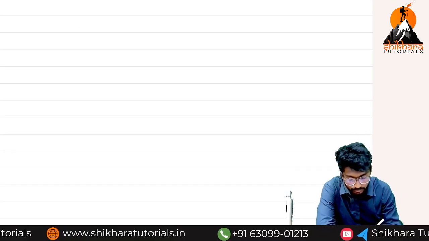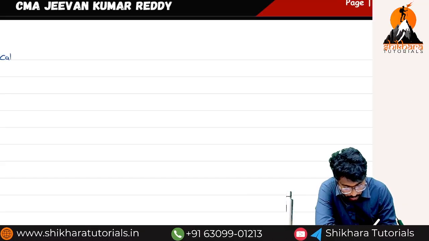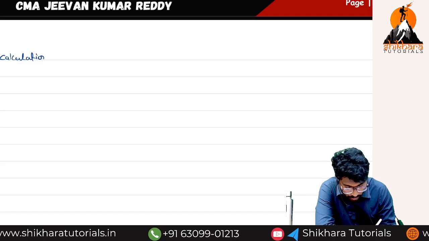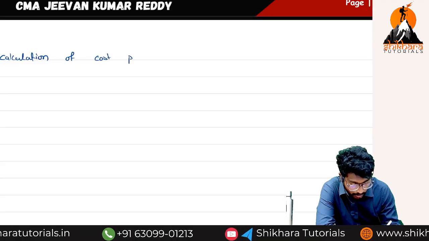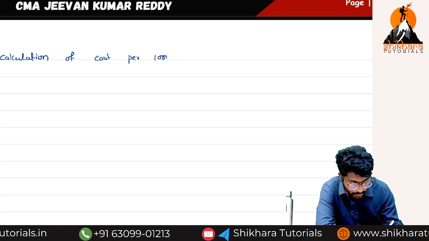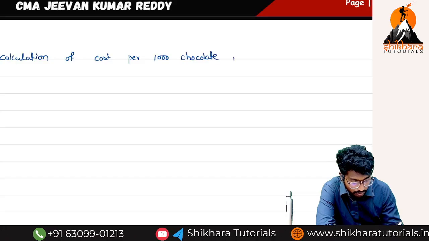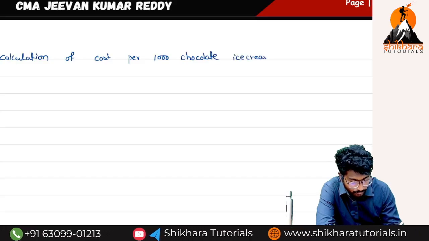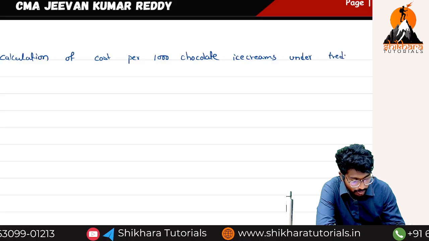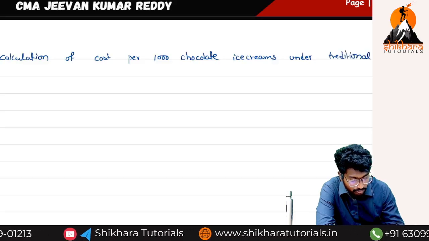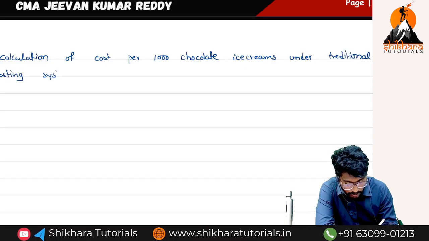First, calculation of cost per 1000 chocolate ice creams under traditional costing system.